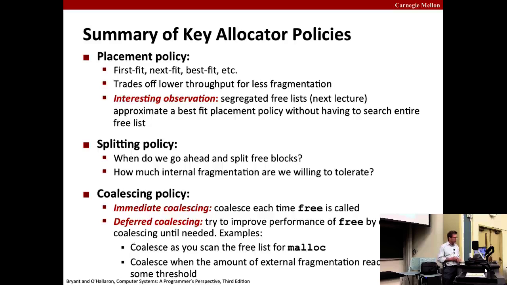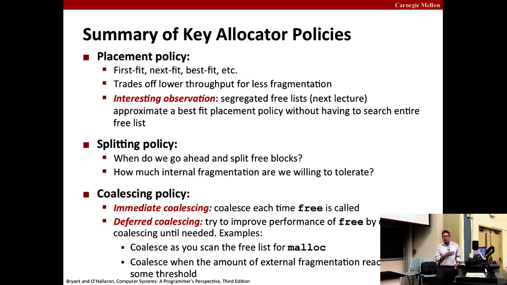And then there's a coalescing policy. Now we've seen freeing is pretty quick. It's constant time because of the boundary tag footers. But you may want to try to speed that up even more by deferring the coalescing. So you can do coalescing every time free is called, like we just looked at. Or you could defer coalescing to some later time.